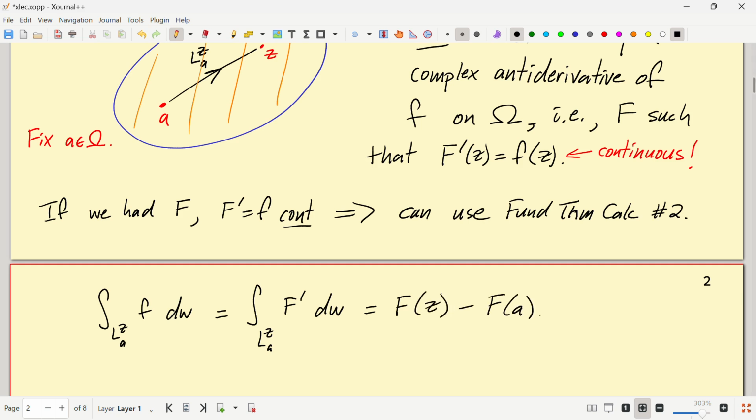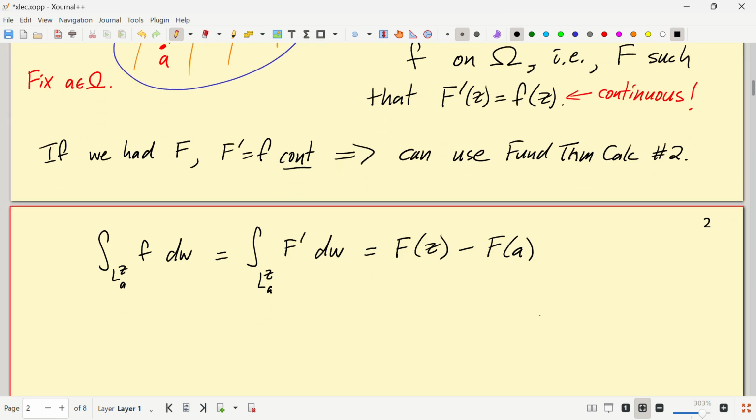And the aha moment here is when I differentiate this, F of a would be a constant. So if I take d by dz of that equation, I would get d by dz of this integral. It's kind of like freshman calculus and the fundamental theorem of calculus, except this is a complex integral.